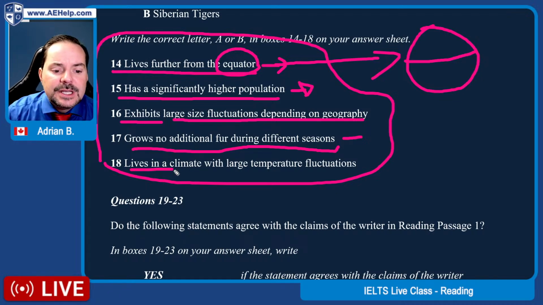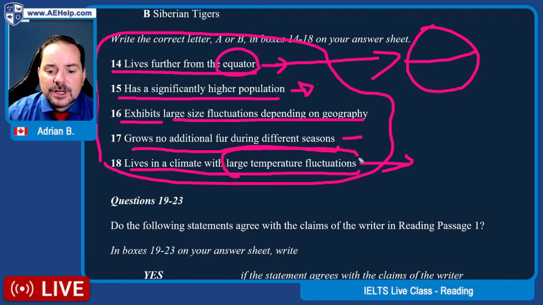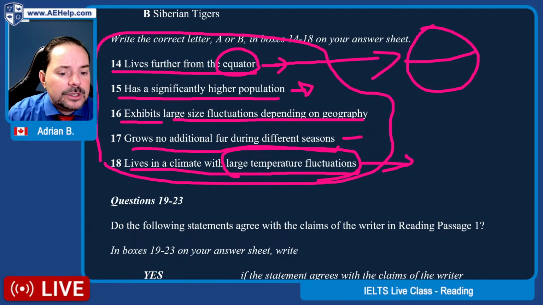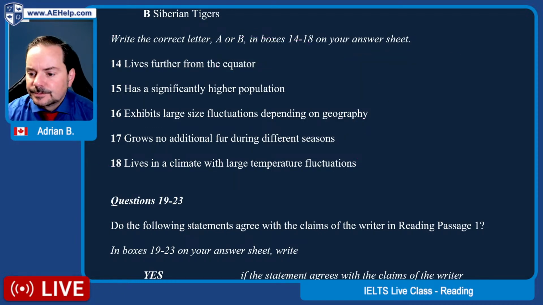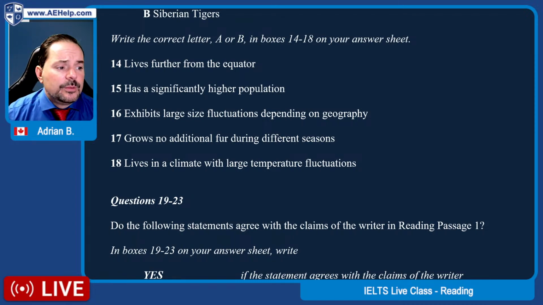Okay, lives in a climate with large temperature fluctuations. Okay, so lives in a place where there's a lot of different weather, hot weather, cold weather. Okay, temperature fluctuations, so hotter weather, cooler weather. All right. Again, students, make sure that when you're at home, you write this down.